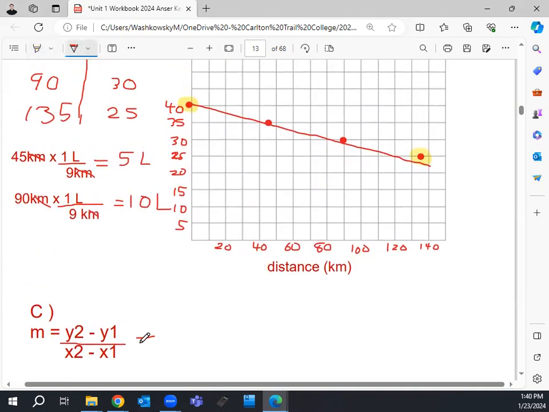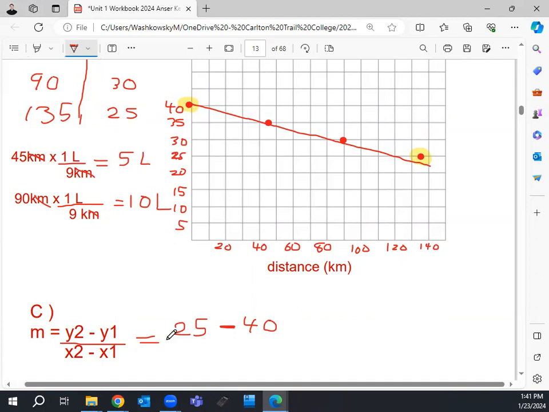So of my 2 points here, what's my Y2? Remember, we read it from left to right. It's going to be 25. And then what's my Y1? 40. So it's not just the biggest numbers. We already know for a fact that this is going to be a negative slope.